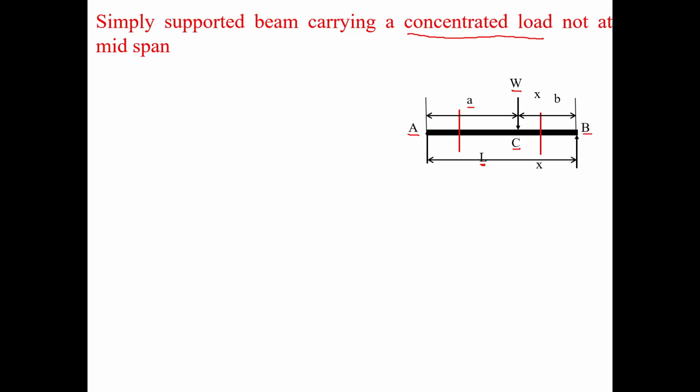In the case of simply supported beams, it becomes mandatory to evaluate the reactions. If we evaluate the reactions first, we know that RA plus RB is equal to W, and we also know that sigma MA must be equal to 0.